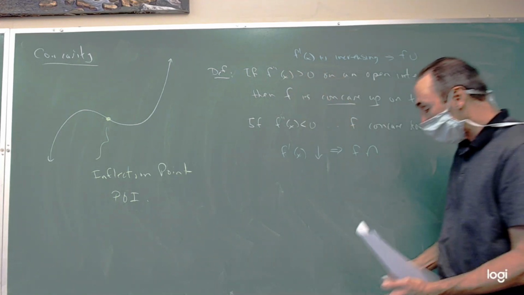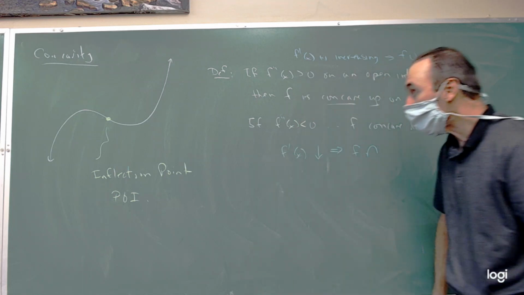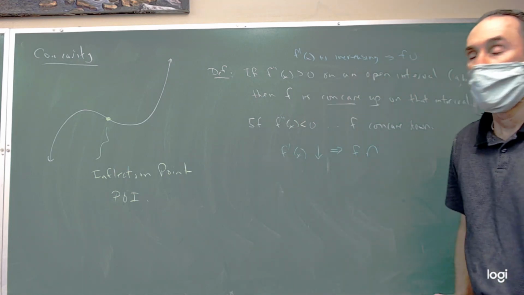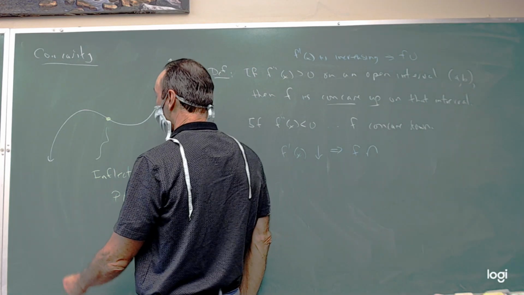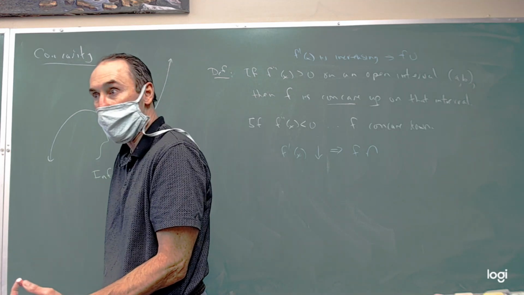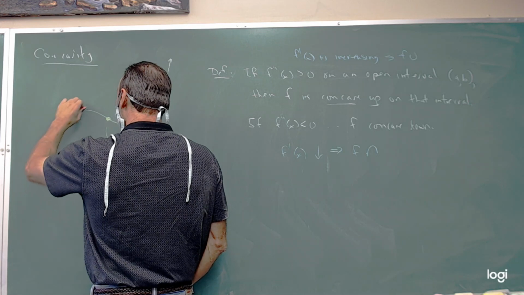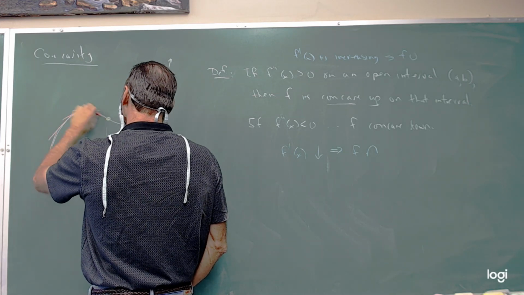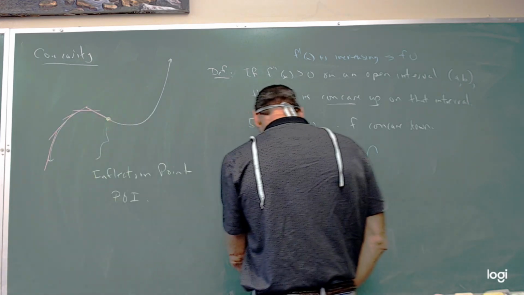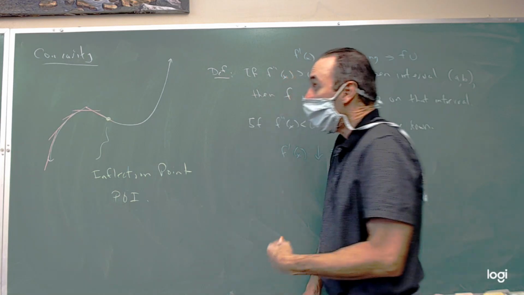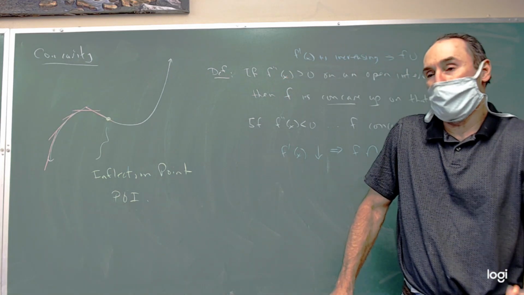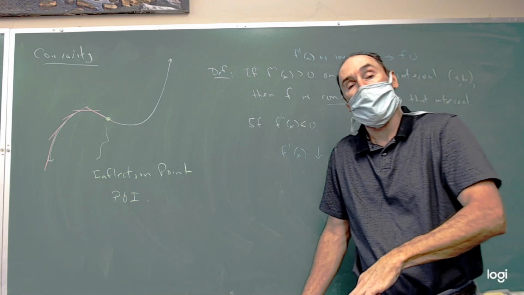Now, there's a geometric interpretation that every once in a while is really helpful to know. Some books define concave up and concave down in terms of the tangent lines. If you notice, where the curve is concave down, the curve lies below all of its tangent lines, or the tangent lines are above the curve.